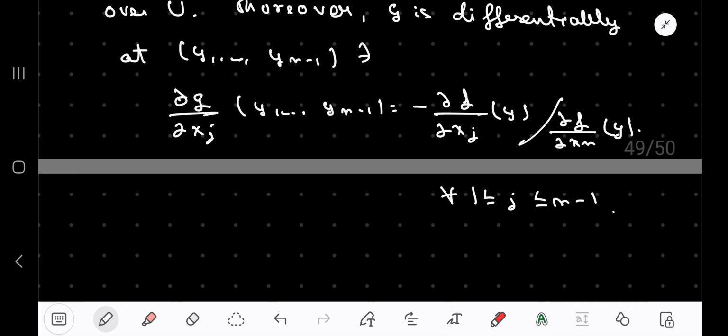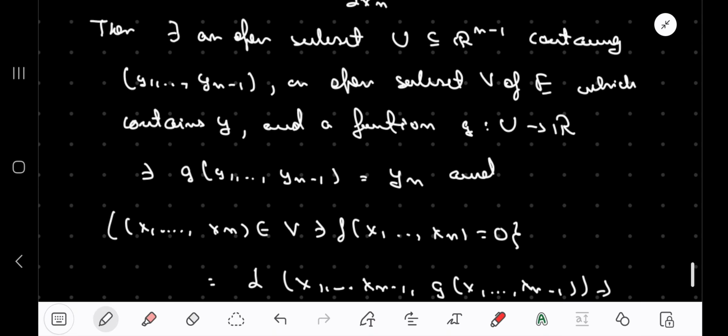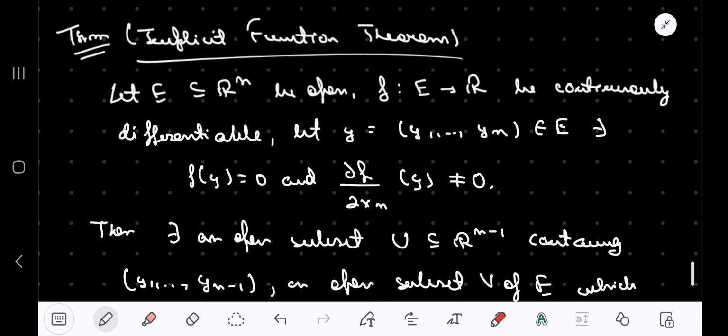Fine. So this is the complete statement of the implicit function theorem.